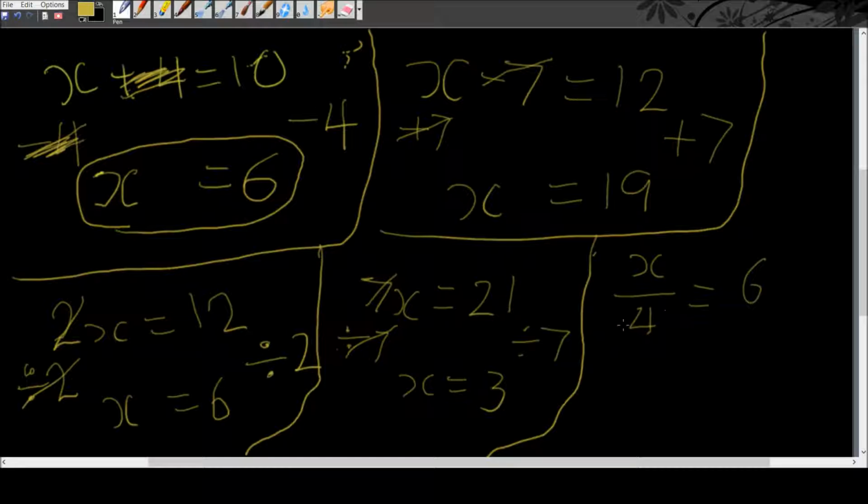How are we going to get rid of this divide by 4? We're going to have to times that side by 4, okay? And times this side by 4. Now, if we times this side by 4, we basically get rid of the divide by 4 here, okay? Lovely. So we're just left with our x again. 6 times 4 is going to give us 24. Lovely. Okay. Let's look at a few more examples.